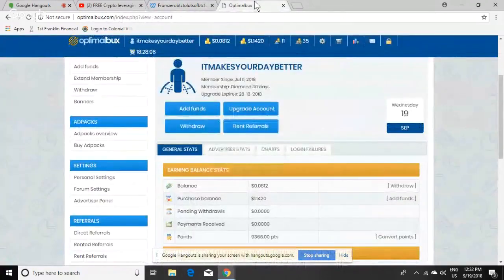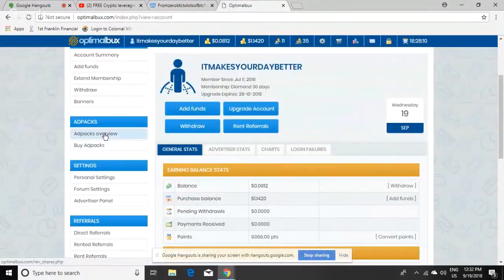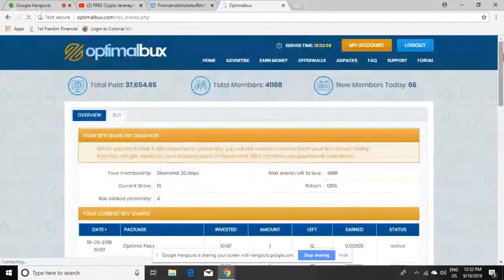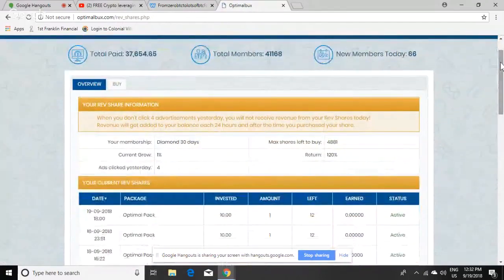As you can see here in my back office, if I was to look at my ad packs overview, the most you can have is 5,000 ad packs if you're at the maximum level. And right now, I can still have 4,881 to buy. So that puts me at 119 ad packs. One thing you're going to want to take into consideration, because this is not advertised on their site, but it's a good thing we got people like Justine who do a lot of research.